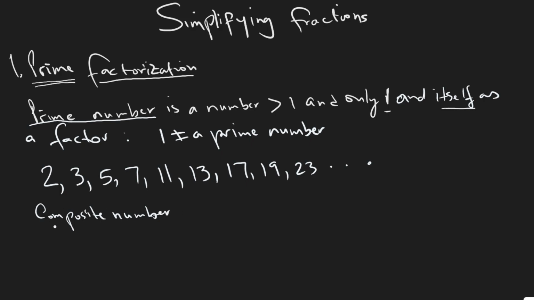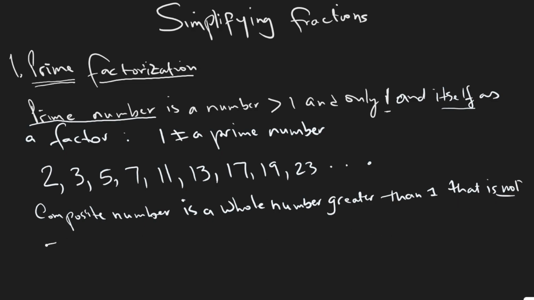A composite number is a whole number greater than 1 that is not a prime number.